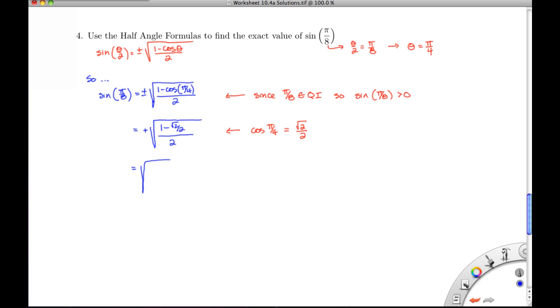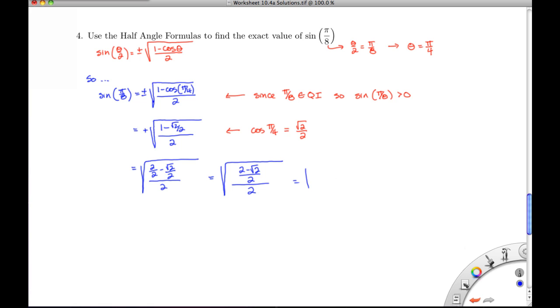So we got the square root, common denominator in the top, so we'll have 2 over 2 minus the square root of 2 over 2. This is all over 2. Yeah, get ready to hear 2 a bunch of times. So if we combine this, we're going to have 2 minus the square root of 2 all over 2. That is going to be all over 2.